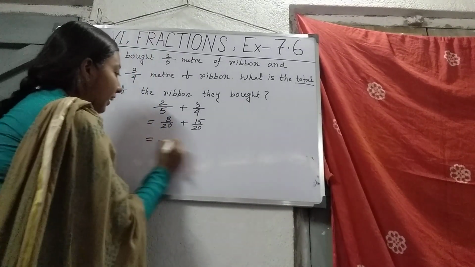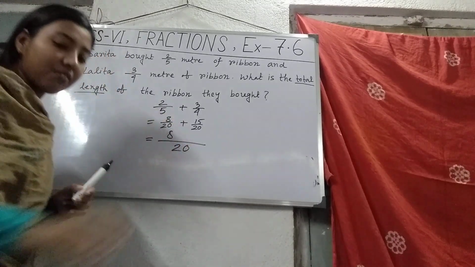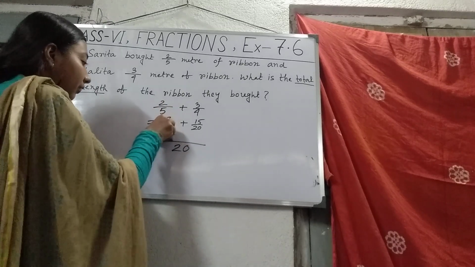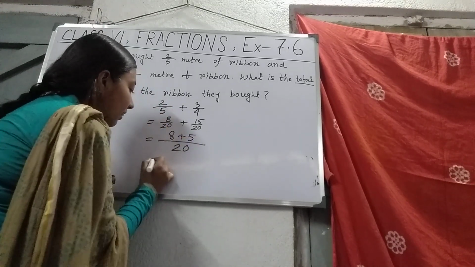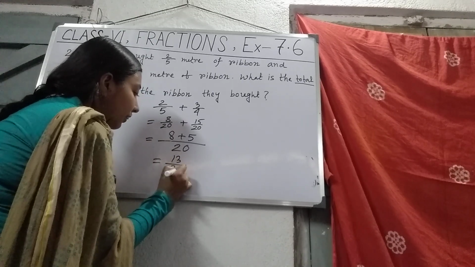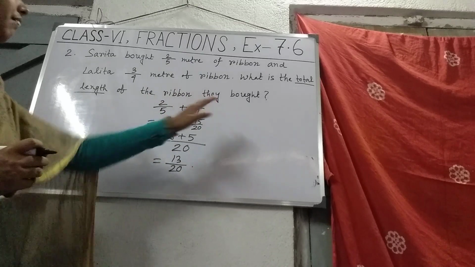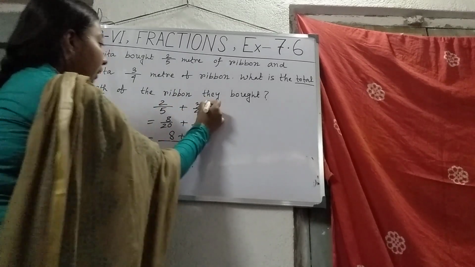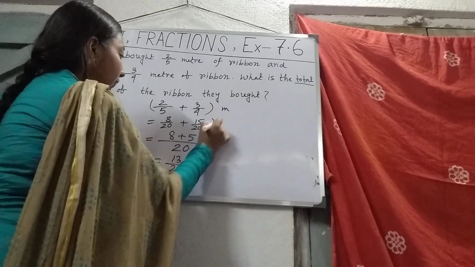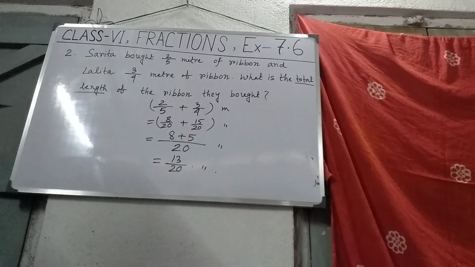So we can write it like this. 20 in denominator, numerator 8 plus 15, that means 23 upon 20.